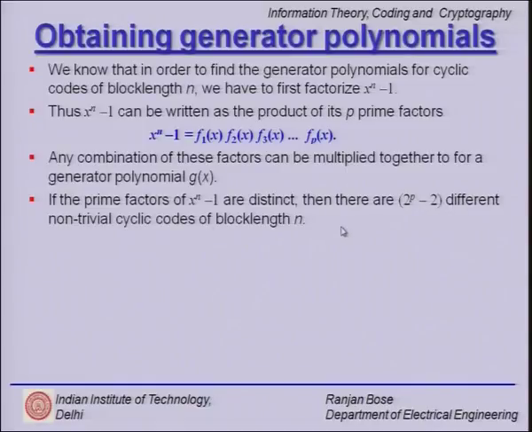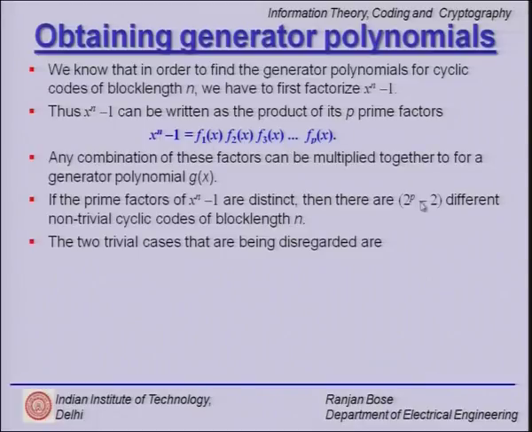different non-trivial codes, because for example f1(x), f2(x), f3(x), and so on are individually factors, then f1(x) into f2(x), f2(x) into f3(x), they are also factors, then f1(x) into f2(x) into f3(x), f2(x) into f3(x) into f4(x). So, you take 3 at a time, then 4 at a time, and 5 at a time, till all of them at a time.